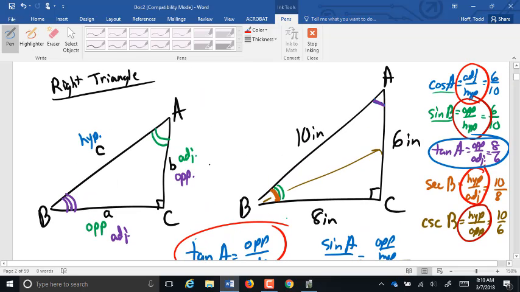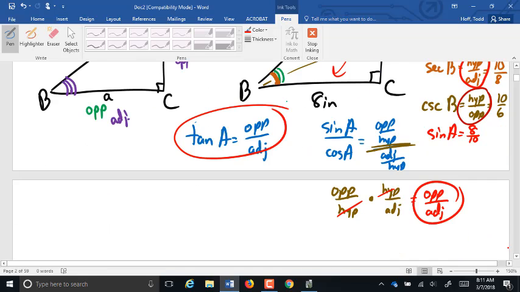So up here, I have the cosine of A. What is the sine of angle A? Sine of A would be opposite over hypotenuse, 8 over 10. So cosine of A is 6 over 10. Sine of A is 8 over 10.